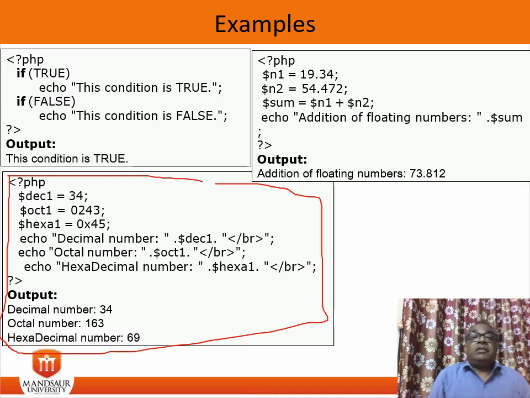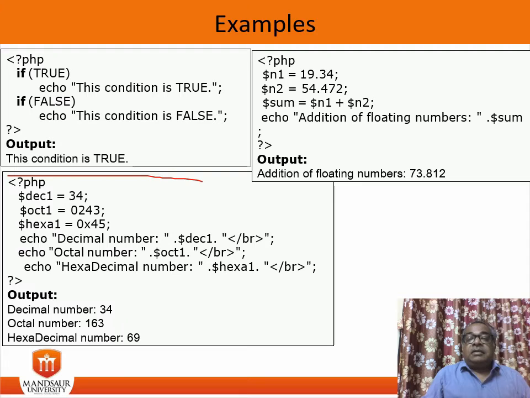Now coming to float. A PHP float is a floating point number with a decimal point. Unlike the integer, it holds a number with a fractional or decimal part, including negative or positive sign. Now this is the example of floating point.